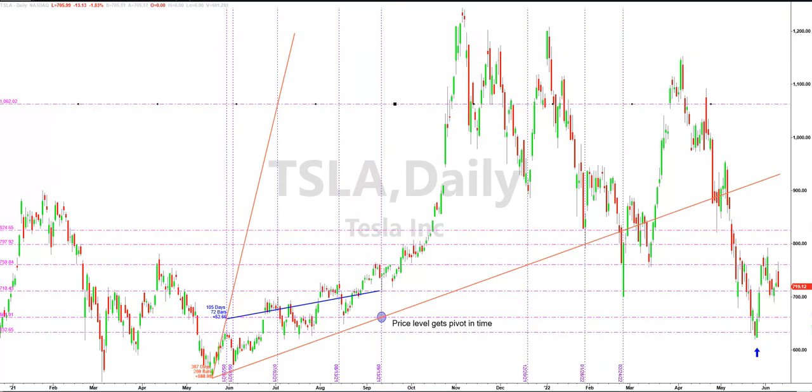Now I'm pulling in another chart where I've got a little bit more of these plots already put into place. I'm going to take one more plot off of the large angle here. I'm going to drop a horizontal line on this pivot point right here, and that's going to give me an intersection right here.